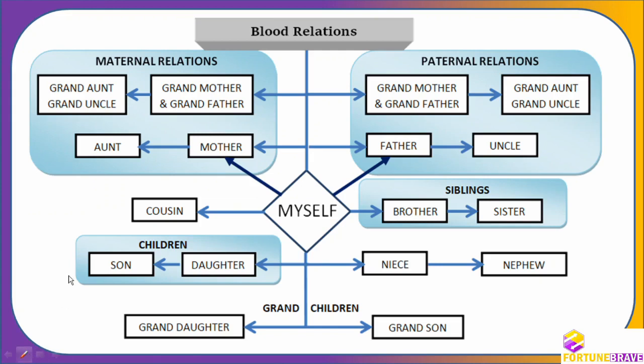I am taking those relationships which are normally asked in the bank examination. These are the relationships that will appear; there will be nothing else than this. These are the only relationships which the English culture actually recognizes.